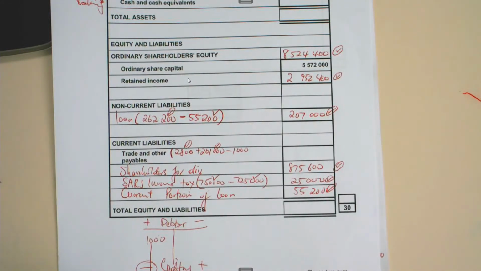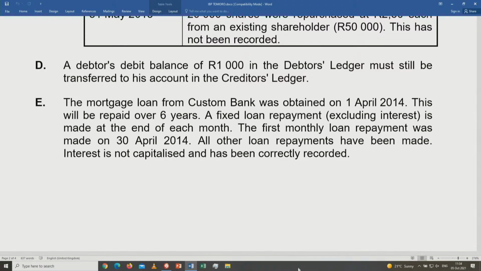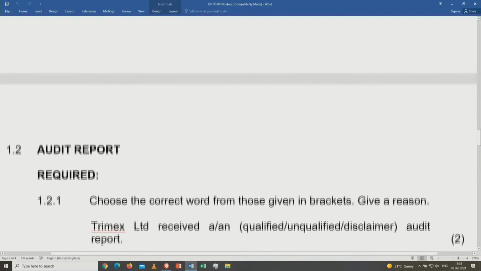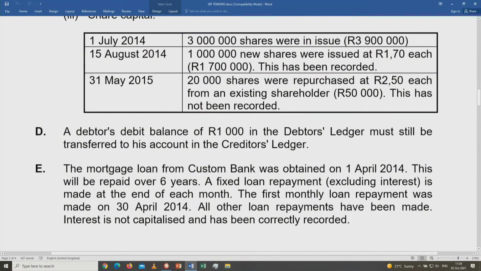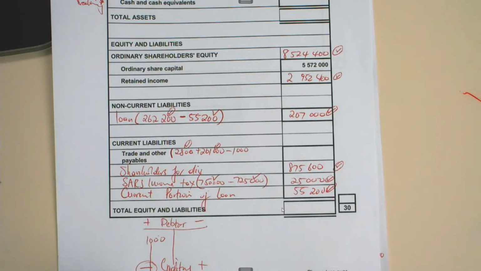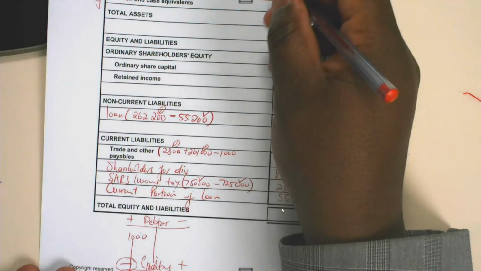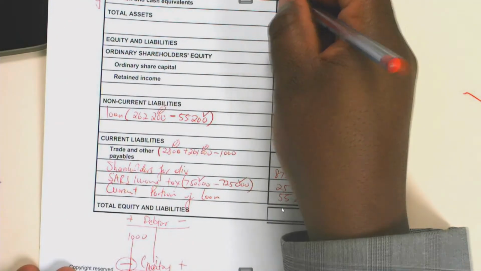Right, and then let's go back to our question, ladies and gentlemen. We have reached the end of our balance sheet. It means now we must close off our balance sheet. When we close off our balance sheet, firstly we close off the brackets.